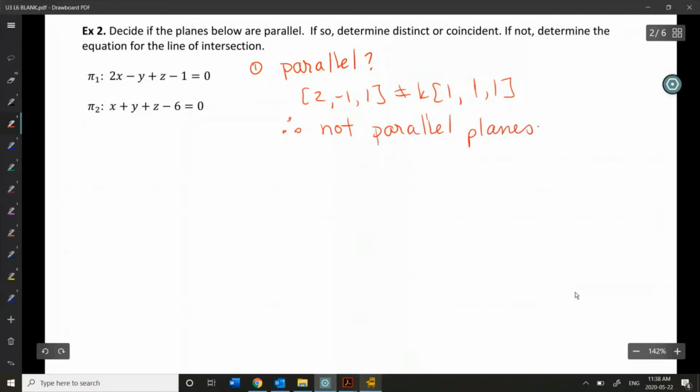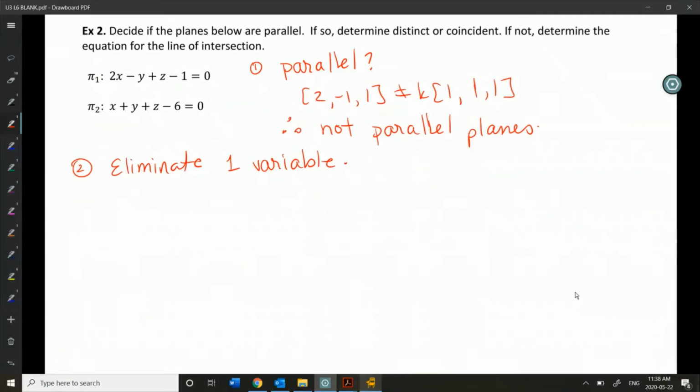And we're going to go forward with our solving process. So the only other option here, if the planes aren't parallel, is that they intersect in a single line of intersection. So the instructions say that we're going to use plane 1 and plane 2 to eliminate one variable. So we're going to start with that. And I think that either y or z would be easy to eliminate here because they both have coefficients of 1.